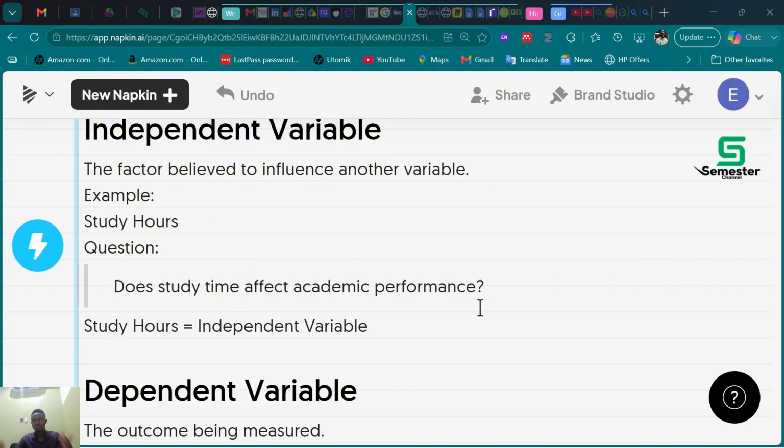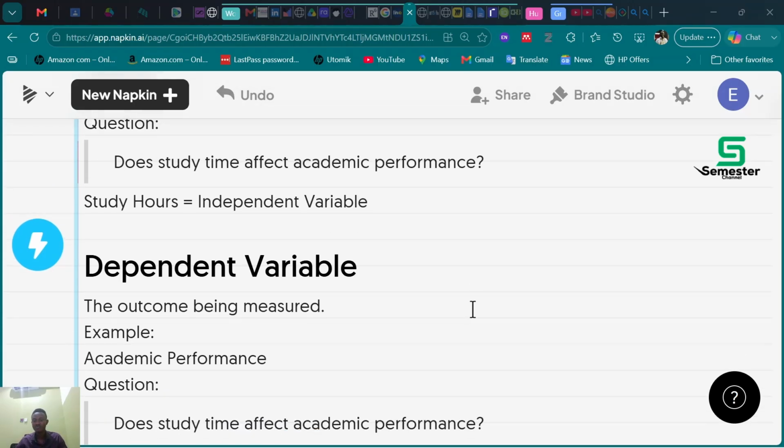Now, what is the output or the end goal? The end goal is academic performance, right? And then what is causing academic performance, or what is influencing academic performance, is what? Study time. So now your study time or your study hour becomes the independent variable, the cause of academic performance increasing or decreasing. All right, so that is independent.